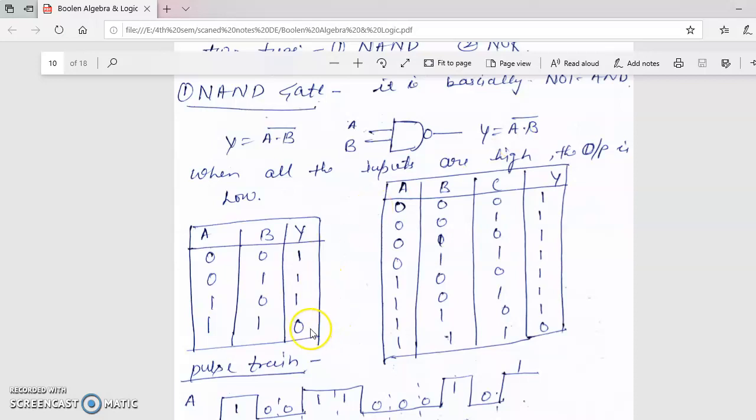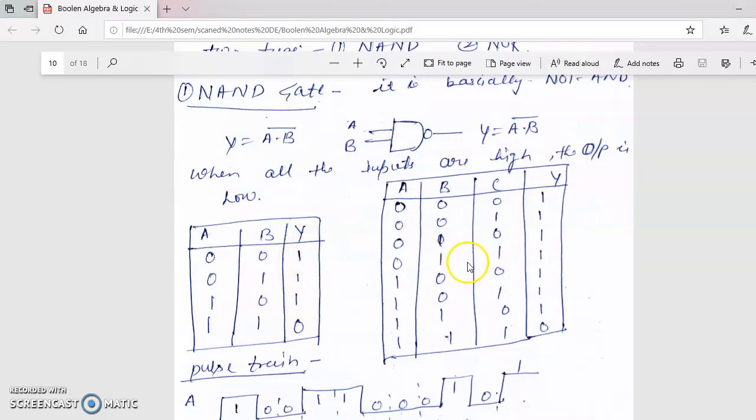So we get 0. See this table carefully. It means if the inputs of the NAND gate are both high, then we get the output low. Otherwise, in the other three combinations, when both the inputs are low or any one of the inputs is low, we always get the output high.